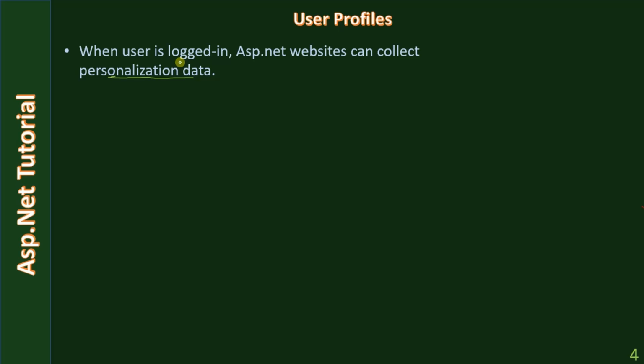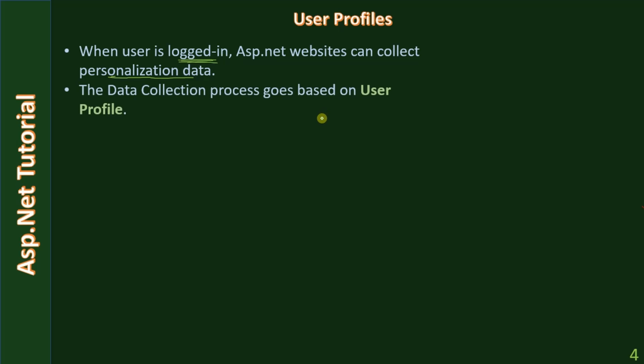But the requirement is that first we should allow the user to log in. Once the user is logged in, then we can collect information, and we know that this collected information is tagged to the logged in user. When the user is not logged in, it is an anonymous user. So we don't know who is logged in, somebody is browsing. So collecting personalization information is not useful in that case.